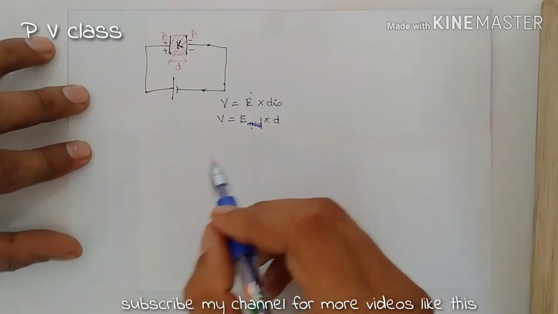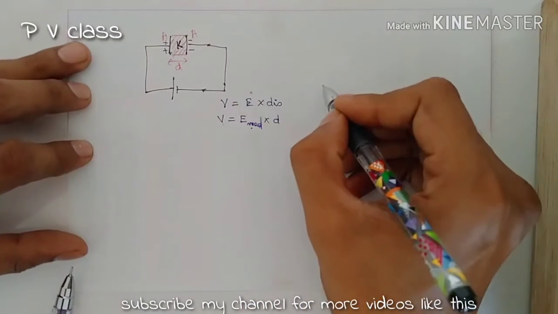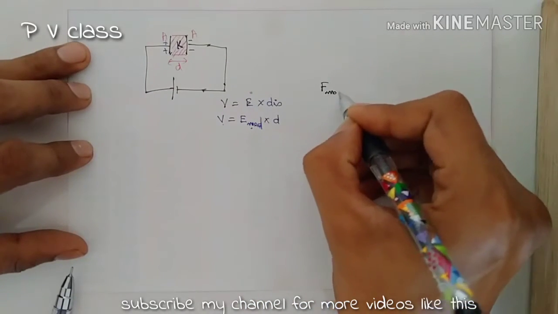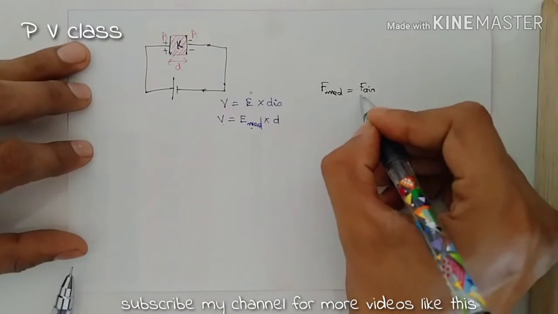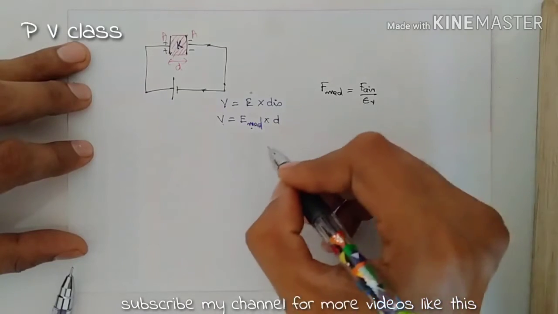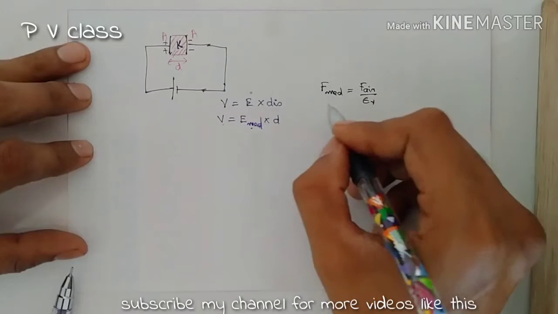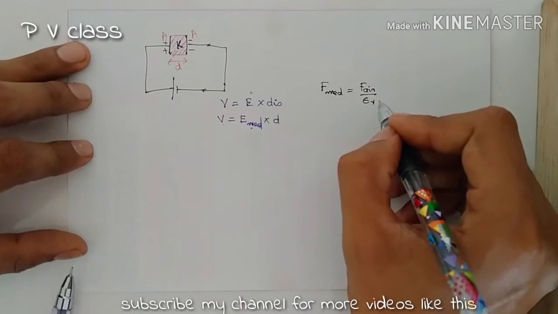And if we are recalling an expression for force, we have studied that force in medium is equal to force in air divided by epsilon r. We have learned it in our basic classes of electrostatics, that is, Coulomb's law.